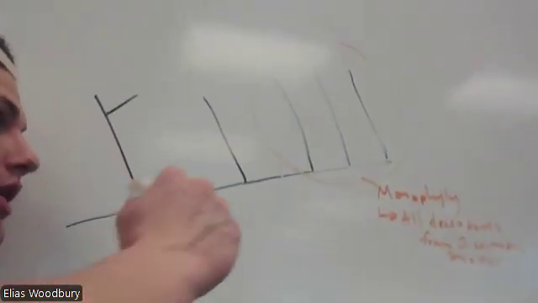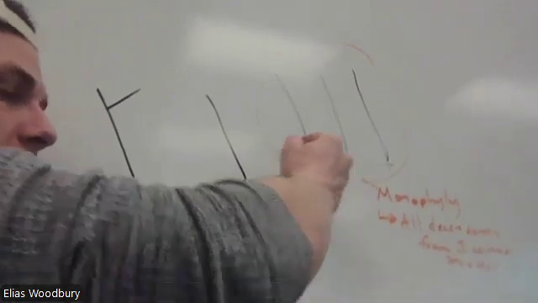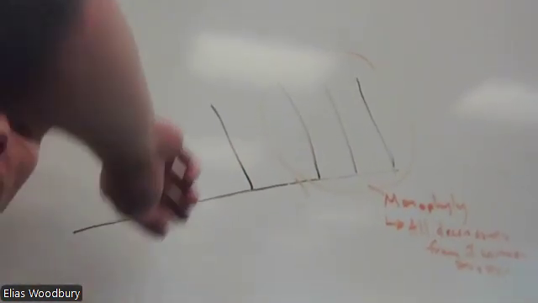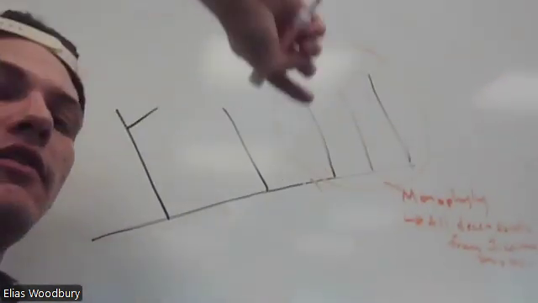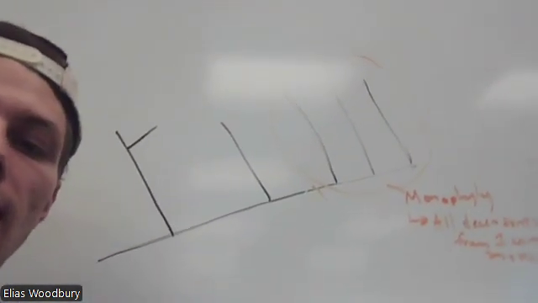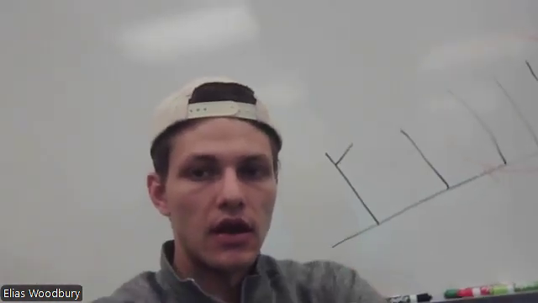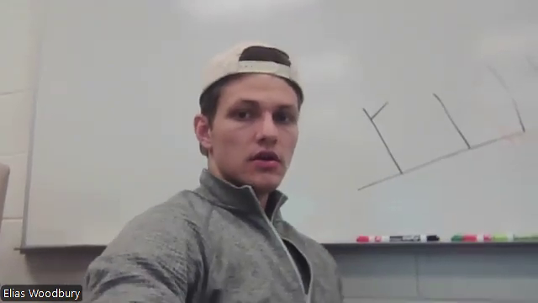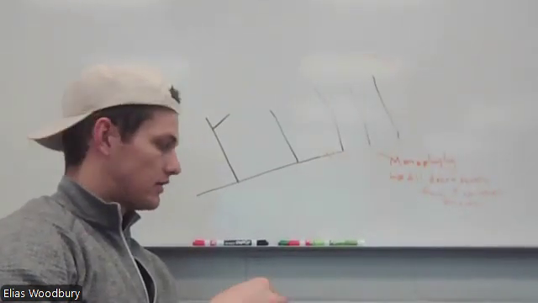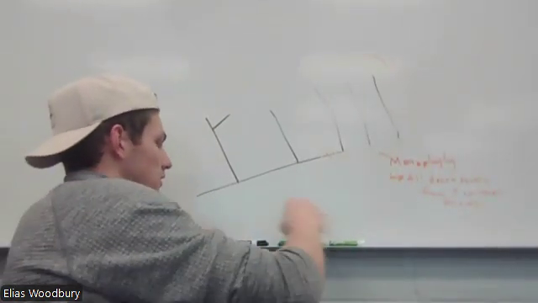And if I just draw a line right outside that circle, right where it began, the earliest point, I can see that I have every single descendant after that within that circle. And that makes that a monophyly. Now I'll use better colors on this for the next ones, that way you can hopefully see a little bit better.